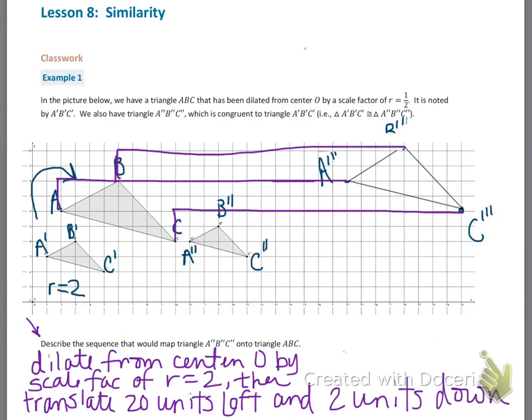You can define it by a vector if you're just out in space. But if you're on the coordinate plane, you can define it directly by how many units in a horizontal direction, left or right, and how many units in a vertical direction, up and down.